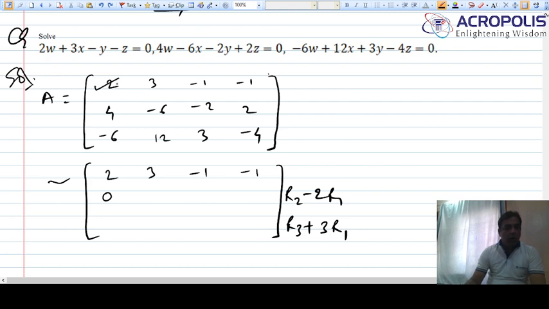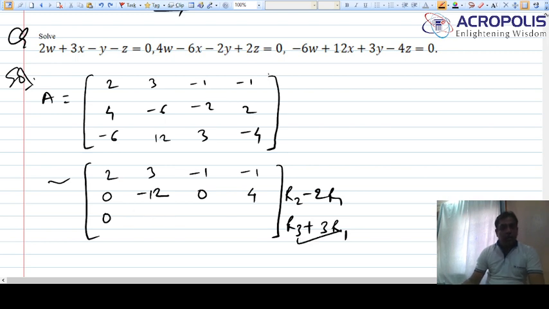So 3 into 2, 6, and it will be added to minus 6, that will become 0. So 2 into 3 minus 6, this will become minus 12. This will be 0. This will become 4.